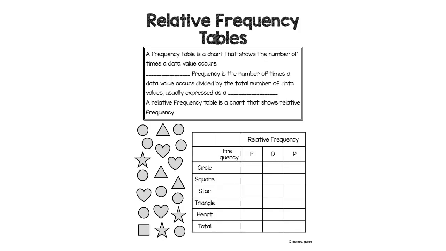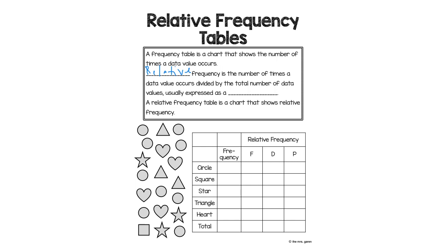All right, now what we have here is called a relative frequency table. So a frequency table is a chart that shows the number of times a data value occurs. So it's a way to organize our data in order to graph it. The relative frequency is the number of times a data value occurs divided by the total number of data values.